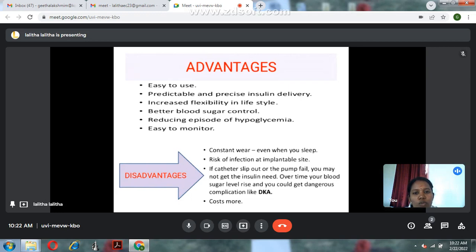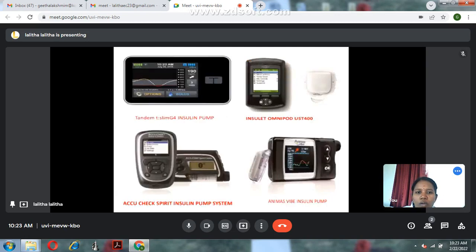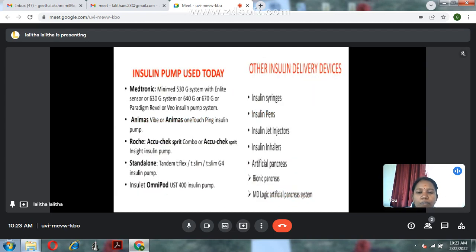Nowadays most people use the insulin pump to manage their blood sugar control. So these are the insulin pump machines used today. Medtronic, Animas, Roche, Standalone, Omnipod.